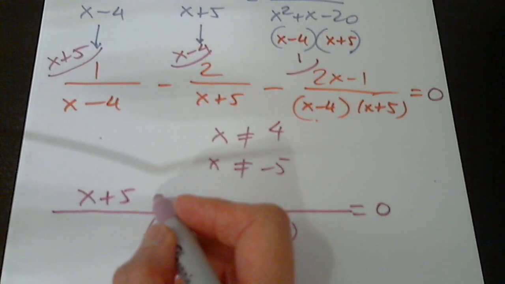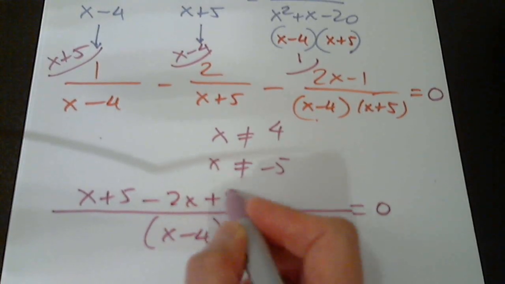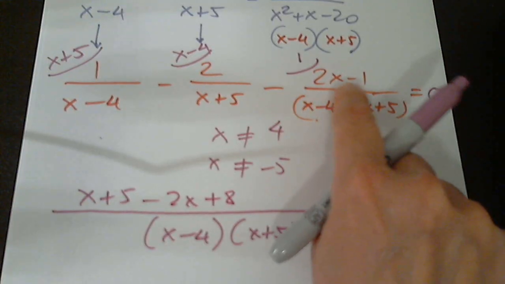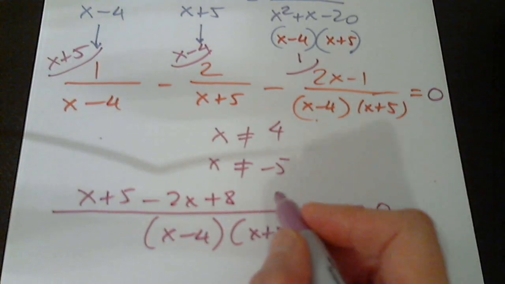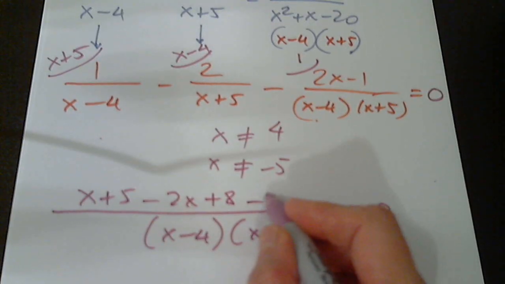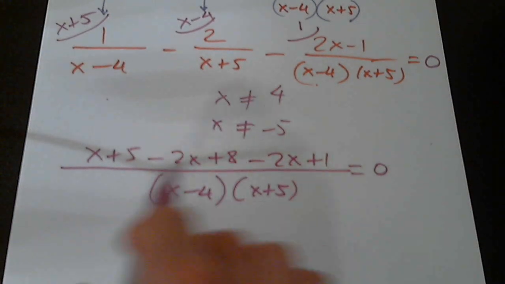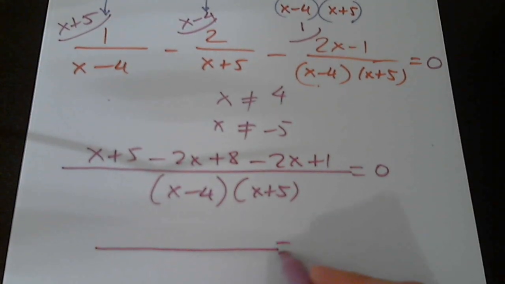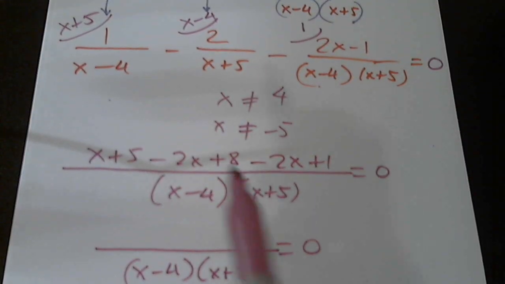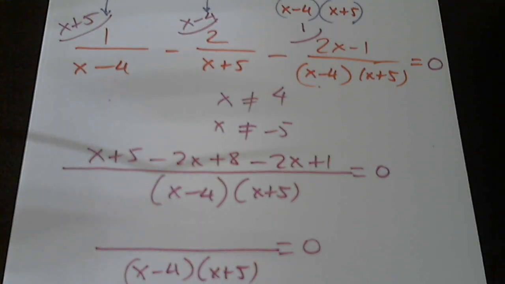What do I write? Negative 2x plus 8. Excellent. Negative 1 distributed to 2x and to negative 1. What do I write? Negative 2x plus 1. Excellent. Awesome. Let's combine like terms. An x with a negative 2x with a negative 2x. What do I get?